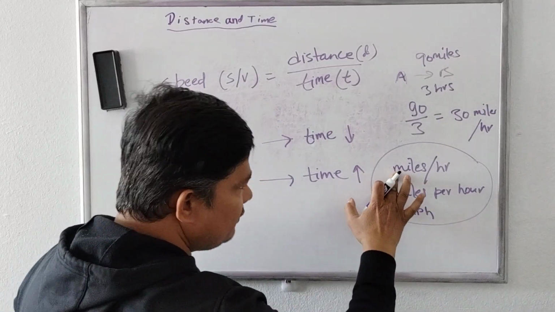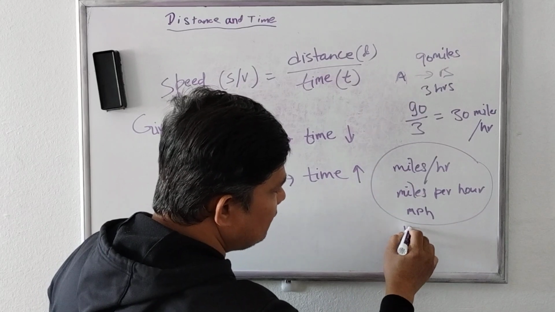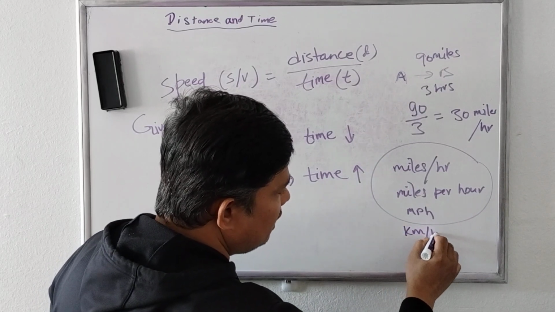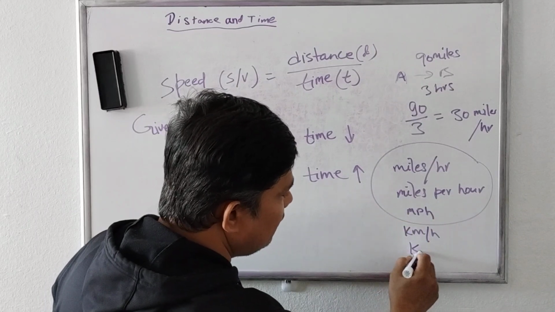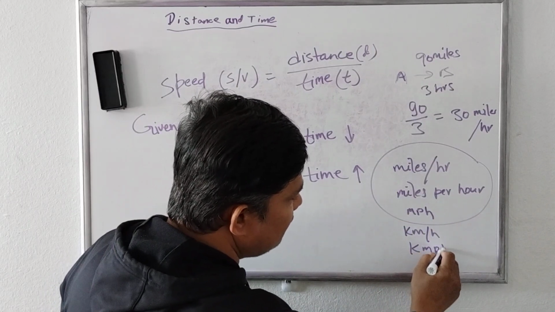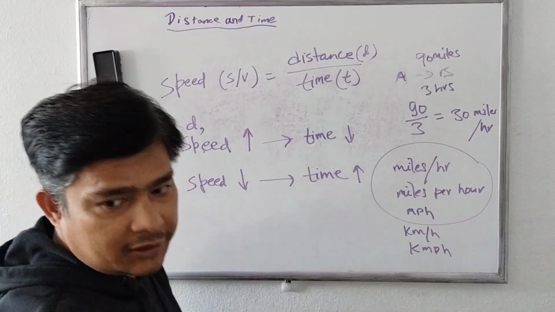Or if we have different units, let's say kilometers, we will write kilometer per hour, or kmph. This is up to you, just notation.